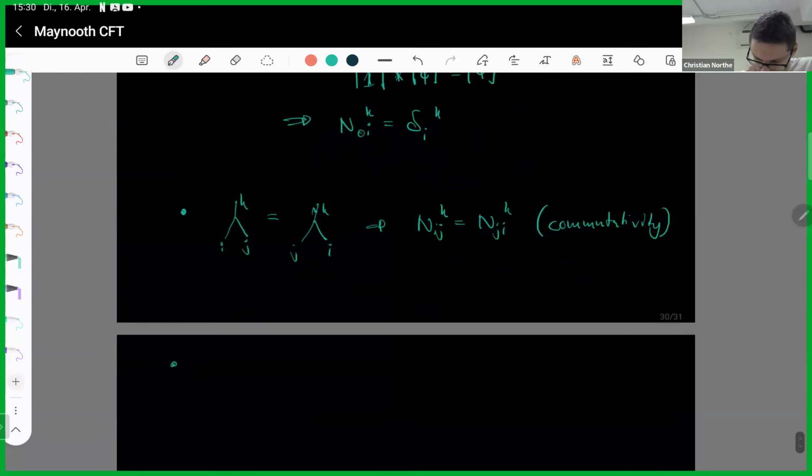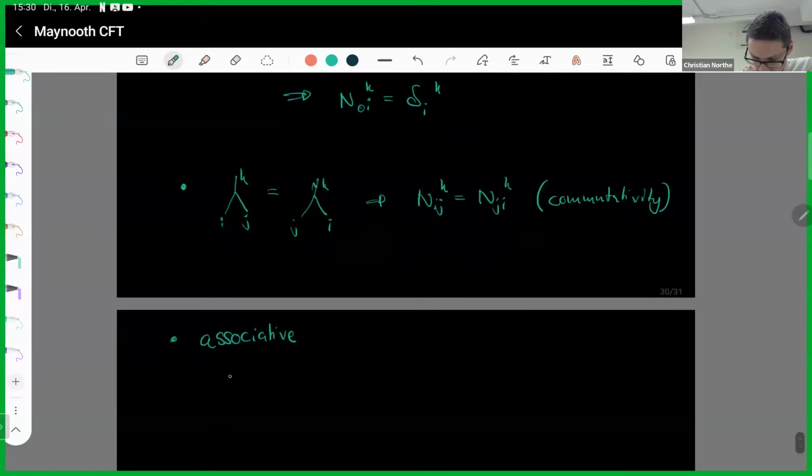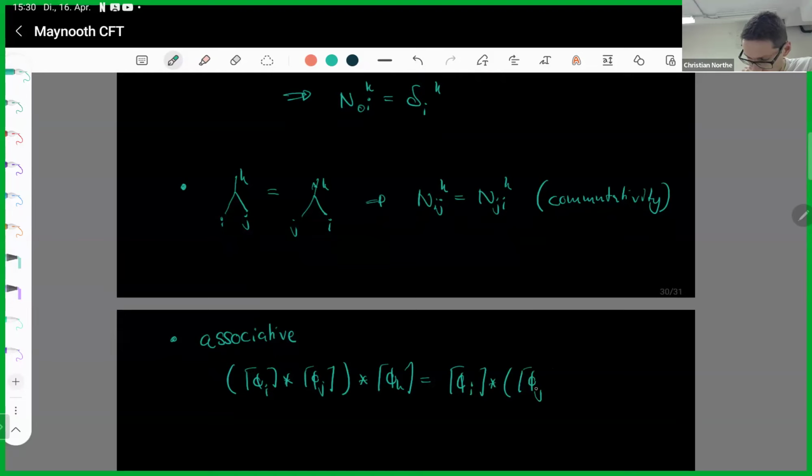There's also associativity, meaning that you can take phi_I fusion phi_J fusion phi_K, and that should be the same regardless of bracketing.